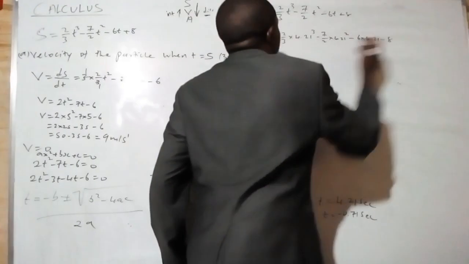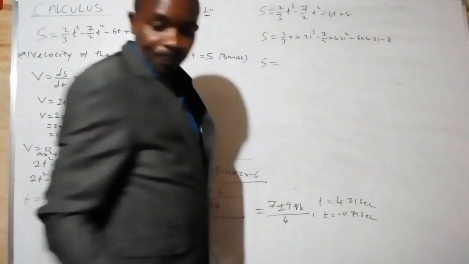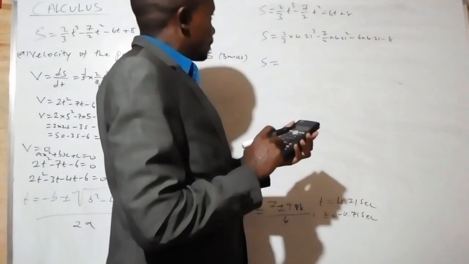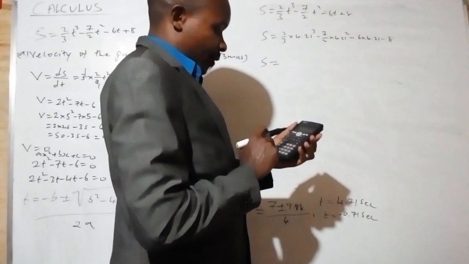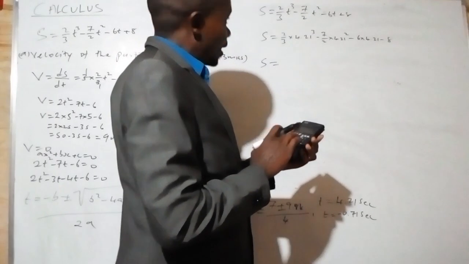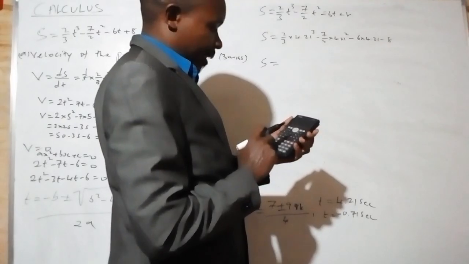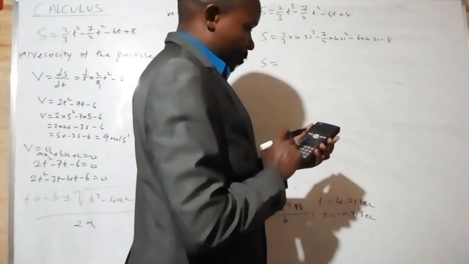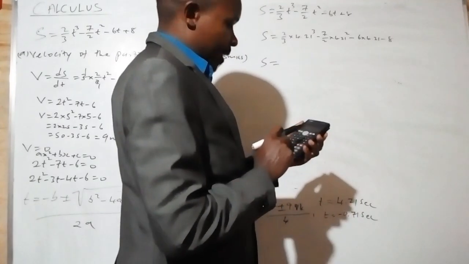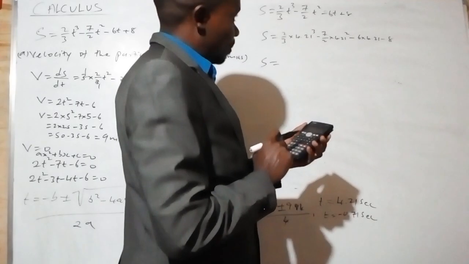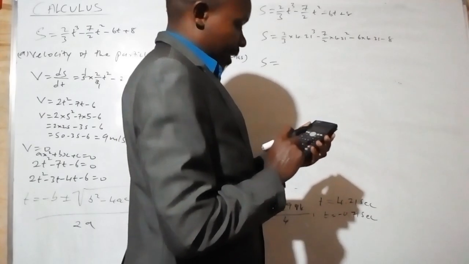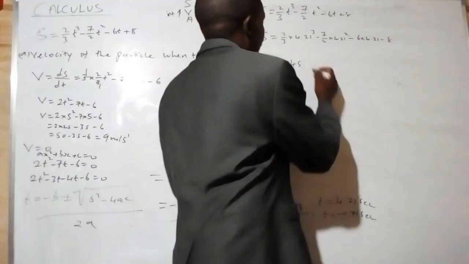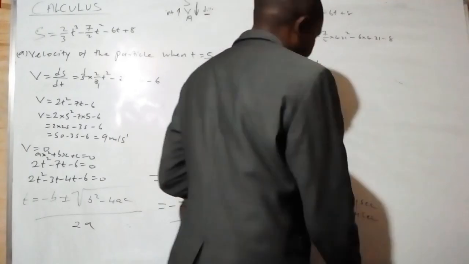Using a calculator, we get negative 45.58.